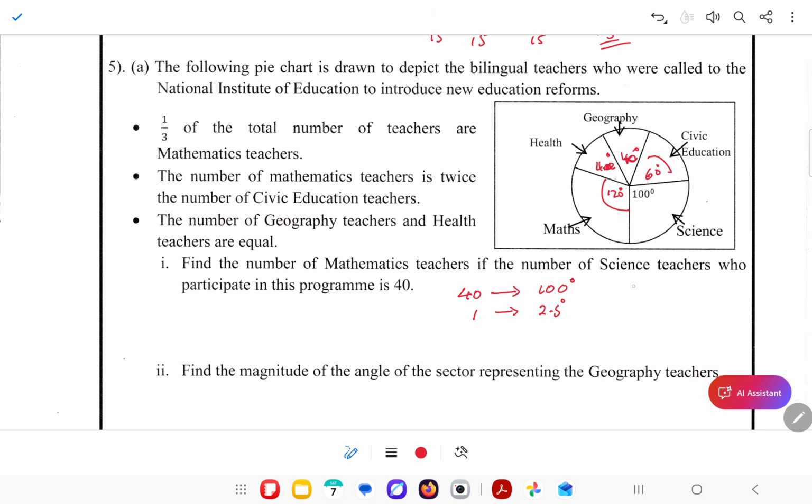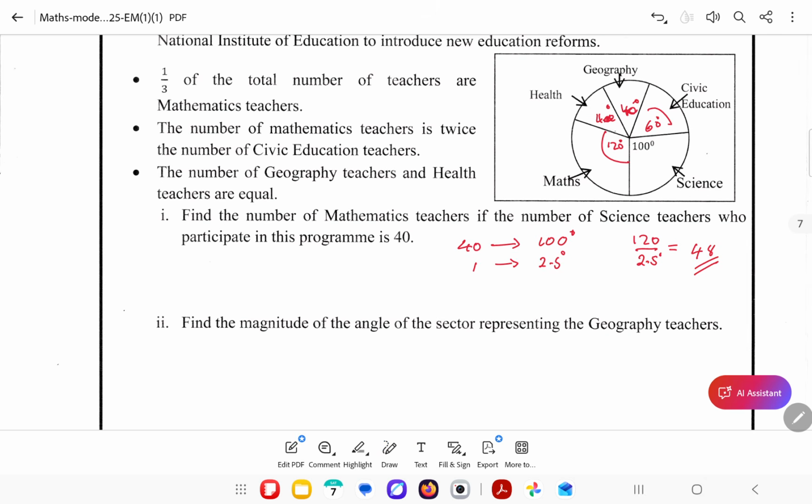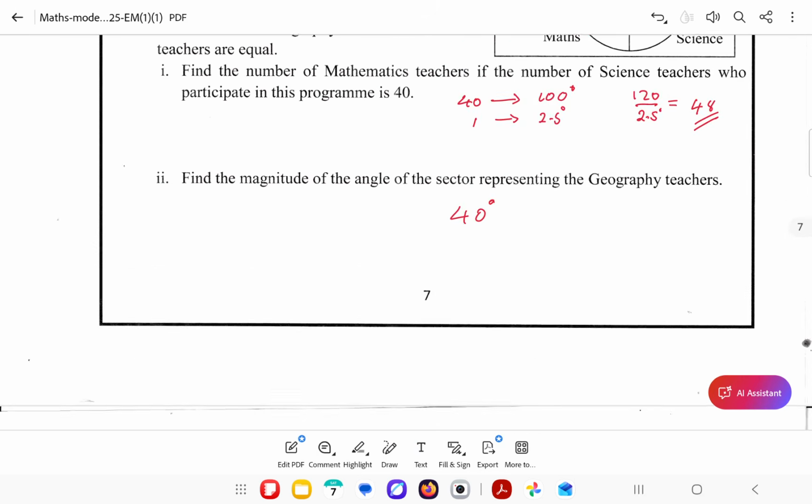Then we want 120 divided by 2.5, which is 48. So 48 is the number of mathematics teachers. Find the magnitude of the angle of the sector representing geography. Okay, we already found that. That is 40 degrees. Right, so that is done.